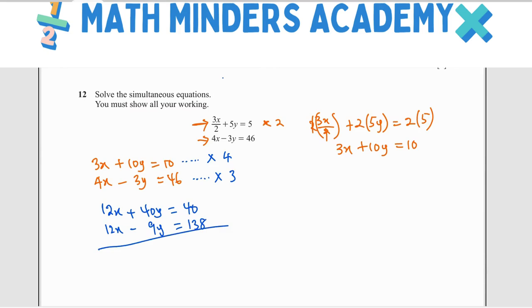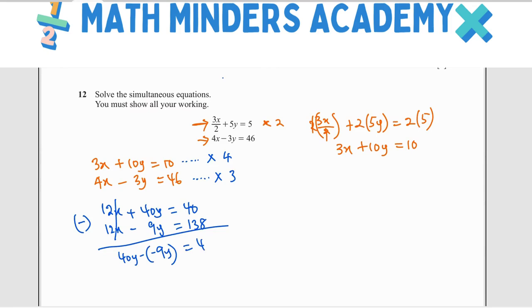Okay, so here, to eliminate y, we are going to subtract. So subtraction, we eliminate this. Here we have 40y minus 9y. So that is going to give us 40y minus 9y.